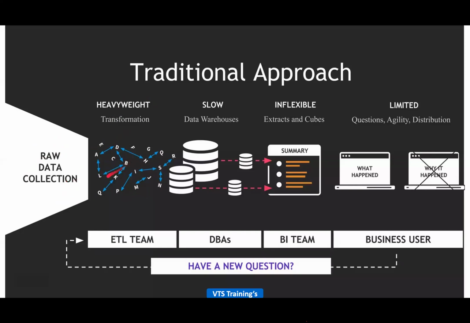The ETL team will involve a lot of transformations, because we will get the raw data. Raw data means it is unstructured data. It is not transformed data. The ETL team will do the transformations, and they will load the data into the data warehouse.